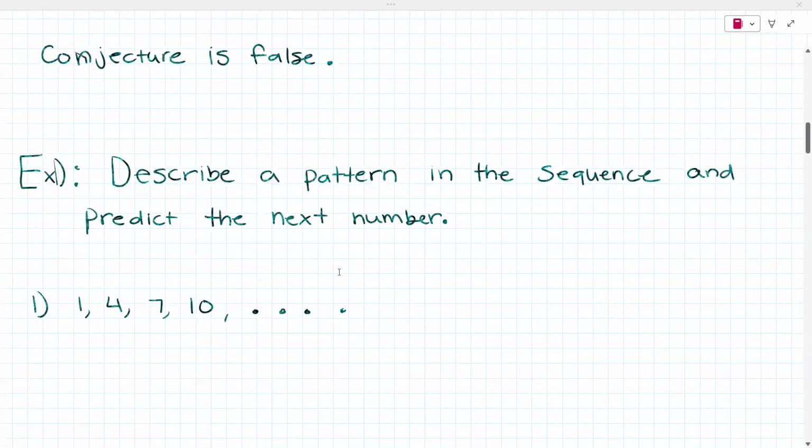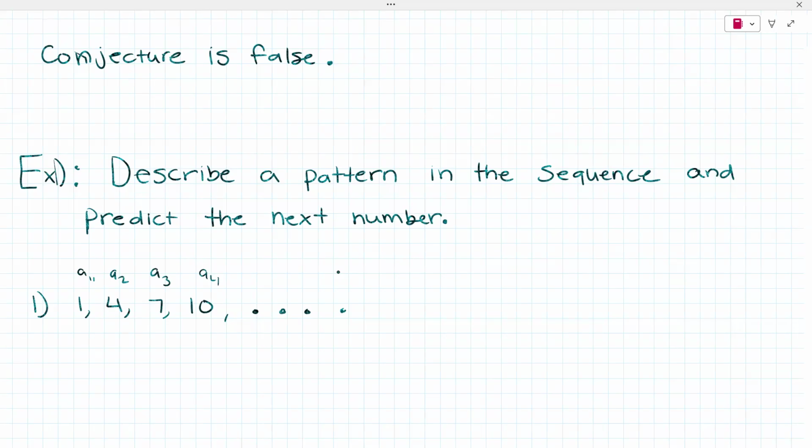Example one: describe a pattern in the sequence and predict the next number. Our first number is 1, the second number is 4, the third number is 7, and the fourth is 10. We're dealing with sequences: A1, A2, A3, A4, meaning first term, second term, third term, and fourth term.